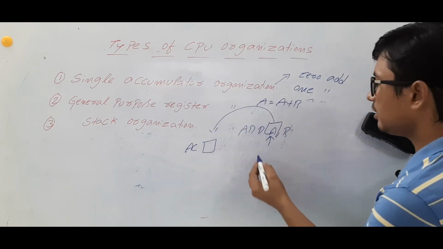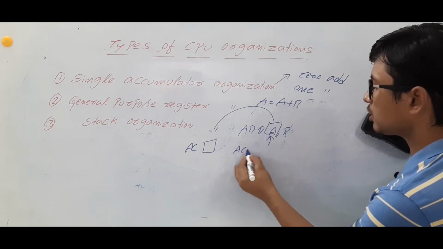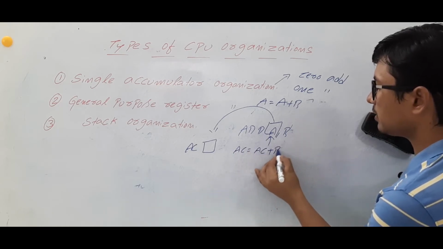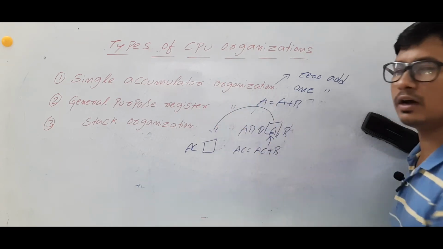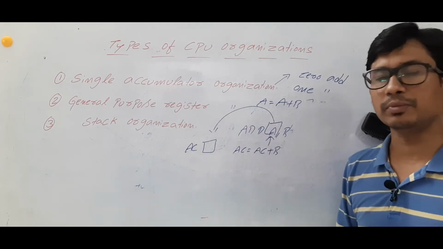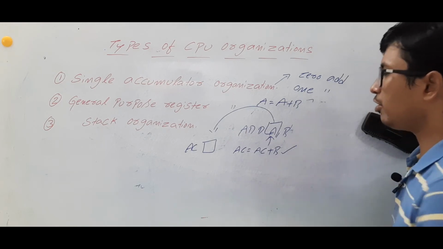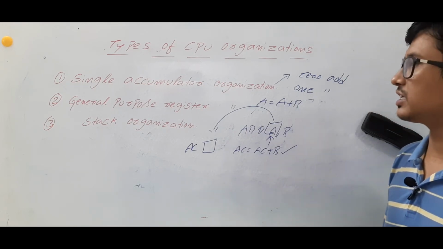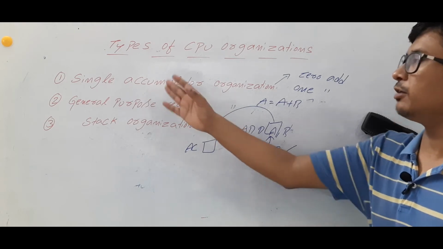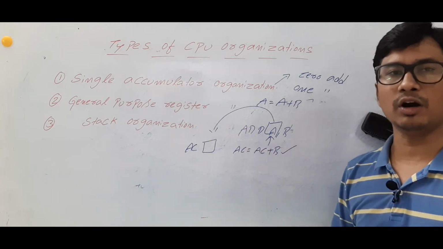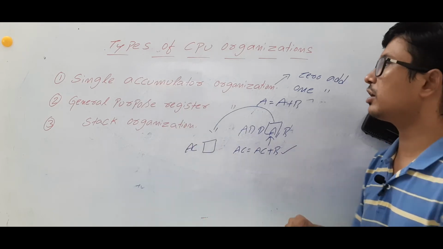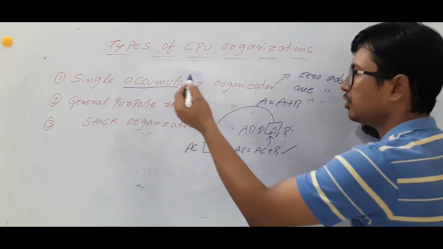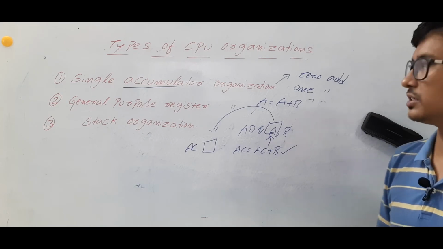Then if you perform accumulator is equal to accumulator plus B, it is nothing but A is equal to A plus B, because you have loaded the operand A value to the accumulator. So you can perform even two address instructions indirectly by using a single accumulator organization. I hope you have understood what a single accumulator organization is. We will have only the accumulator and the special purpose registers.